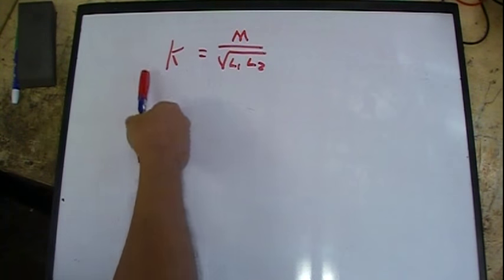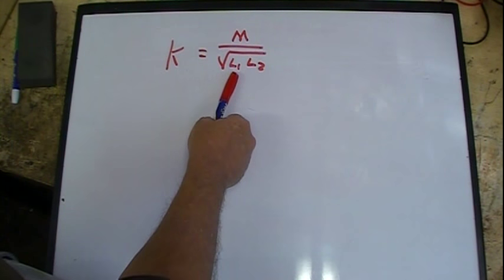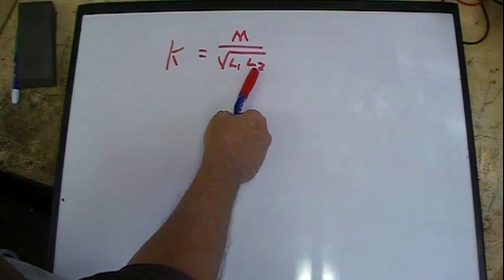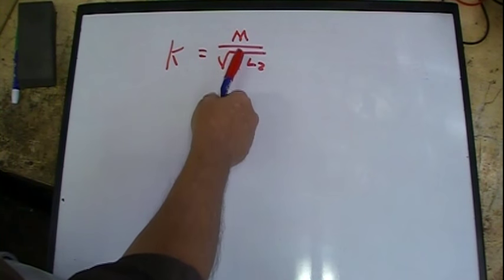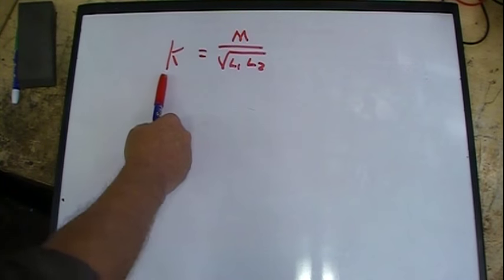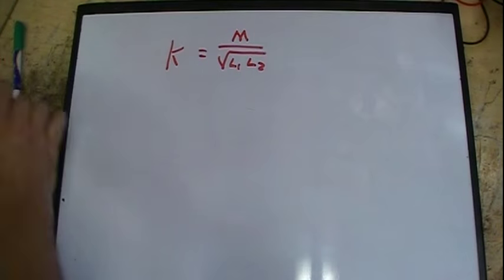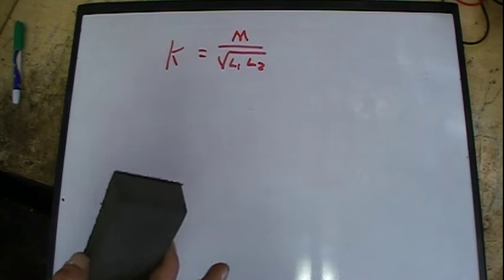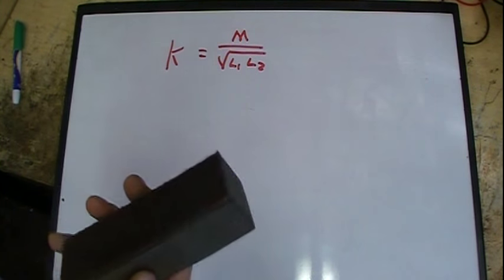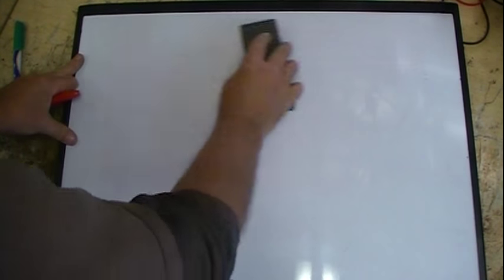So basically all this formula states is the inductance of L1 times the inductance of L2, take the square root of it, divide it into the mutual inductance that you measured, will give you K, or coefficient of coupling. Now all this is only just for your information. It serves nothing unless you're going to be building transformers or the like. So, but I thought I'd throw it out to you.